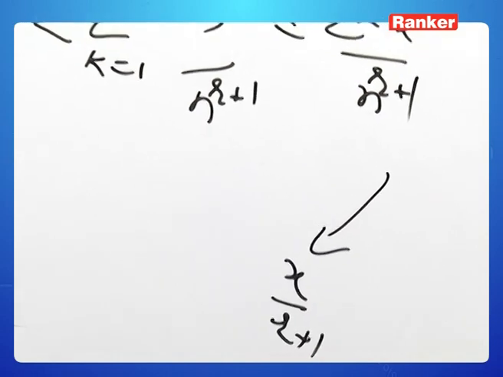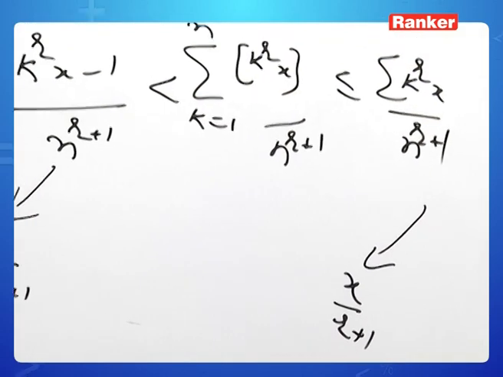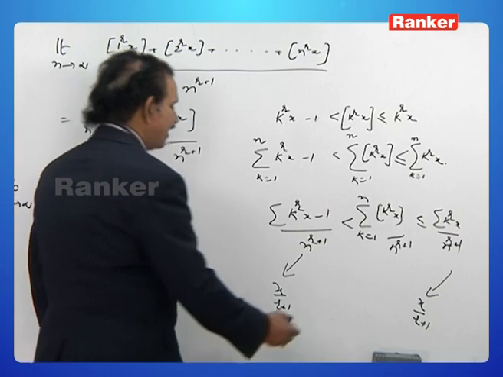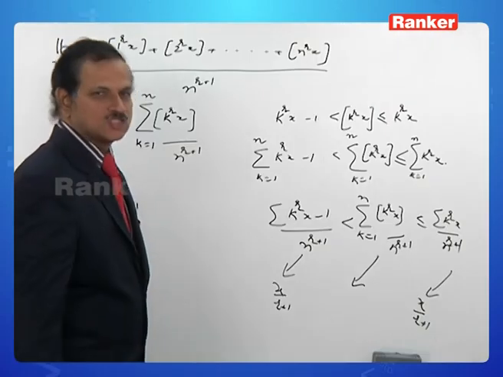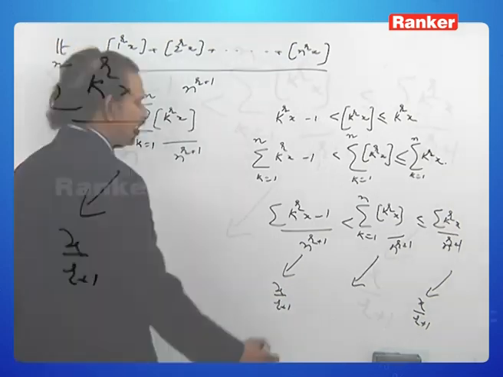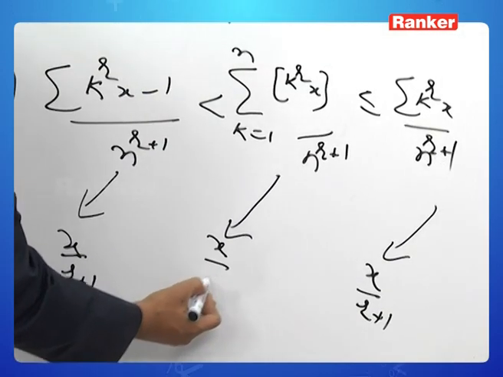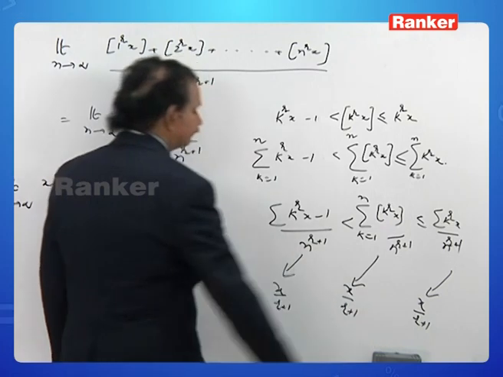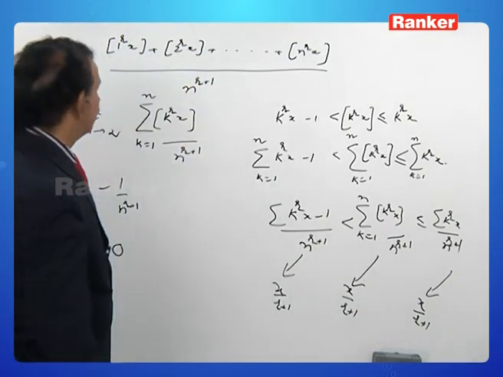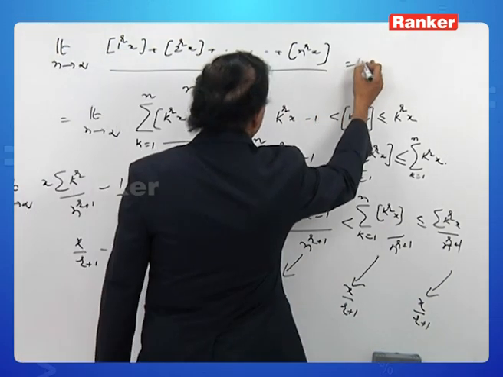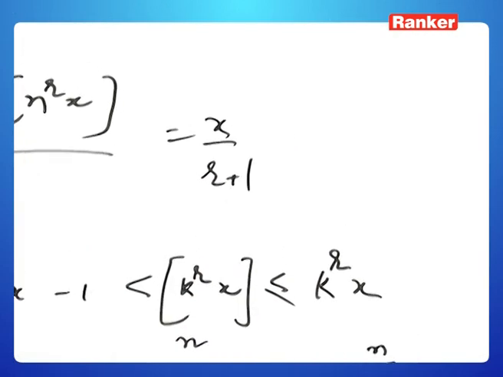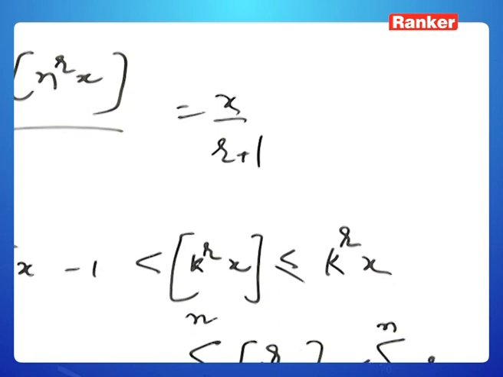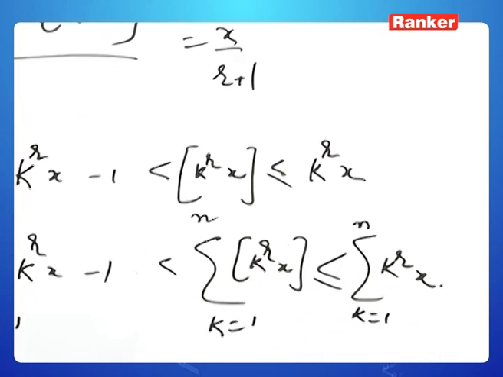This tends to x by r plus 1 and that also tends to x by r plus 1. Hence the middle function, that is the required limit, must also tend to x by r plus 1. Ultimately, what will be the answer for this? It is nothing but x by r plus 1.